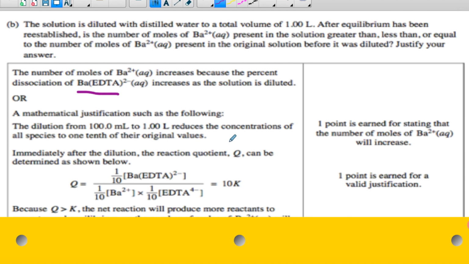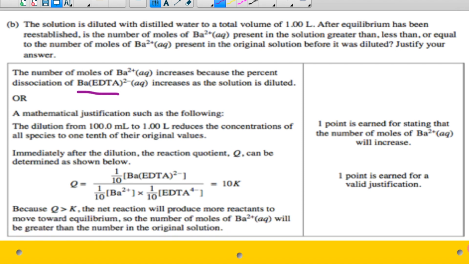Since Q is greater than K, or K is less than Q, then we know it'll shift to the left. And since it shifts to the left, that means some of the barium EDTA complex ion will break apart into barium ions and EDTA ions.